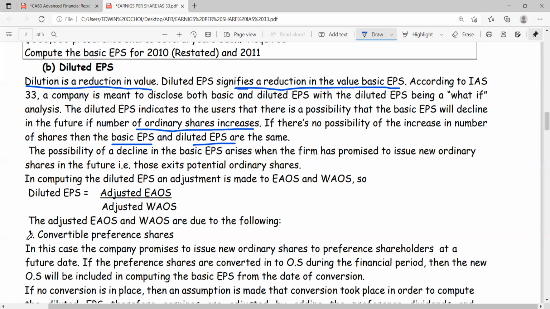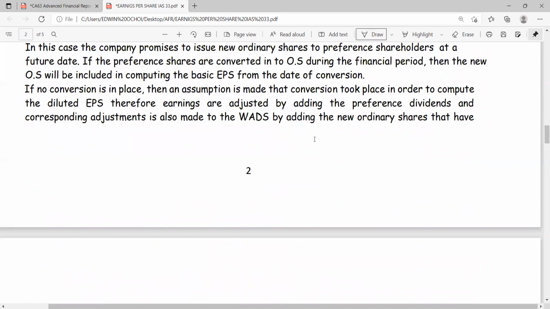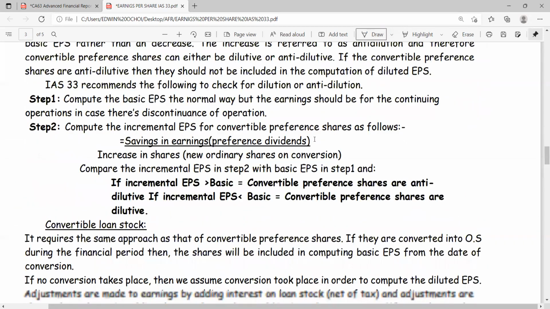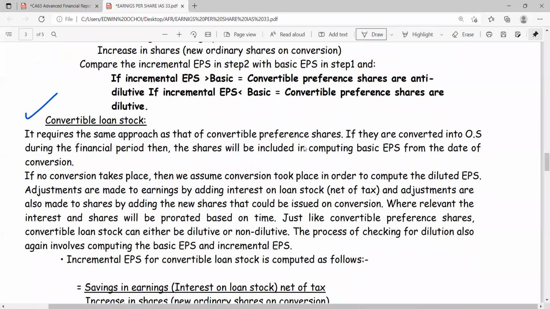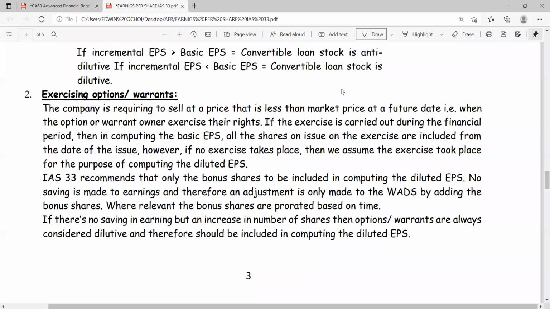So when I will be doing my diluted, you will find convertible preference shares. You need to know how to deal with them. You need to know how to deal with convertible loan stock. You need to know how to deal with stock options, exercising of options by the shareholders, by the employees even.